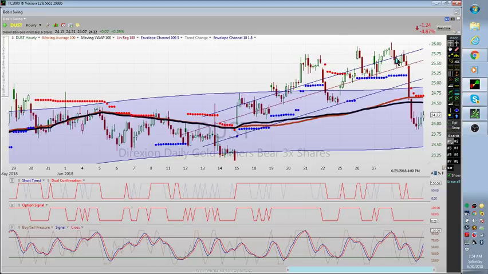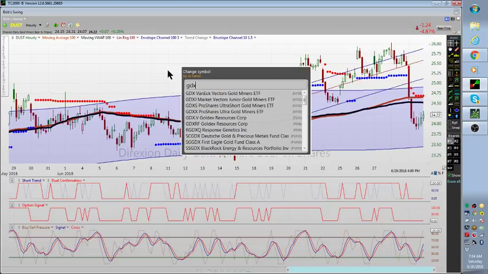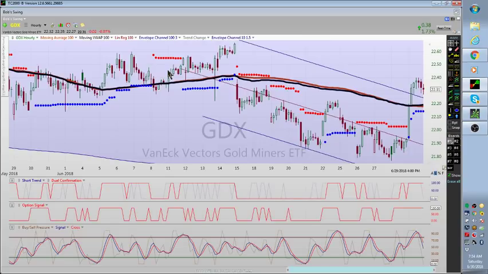But going into July, we're going into seasonals. This trade's already profitable for me, and I'm expecting a lot more out of the miners in the month of July. If you look at GDX, GDX broke over the moving average and the VWAP, and now I'm looking for that trend to change.